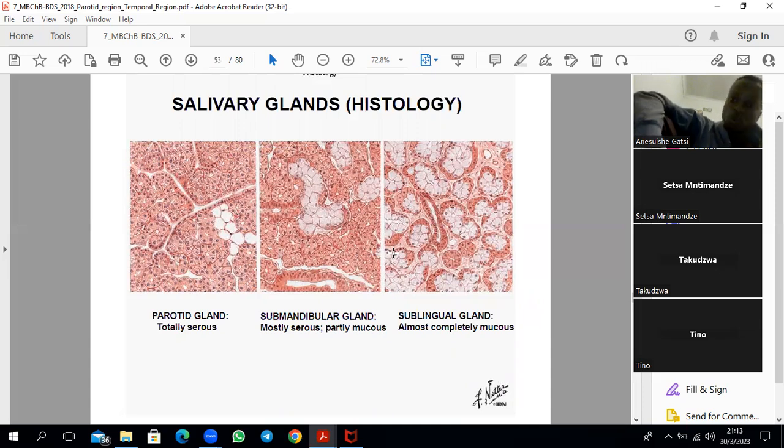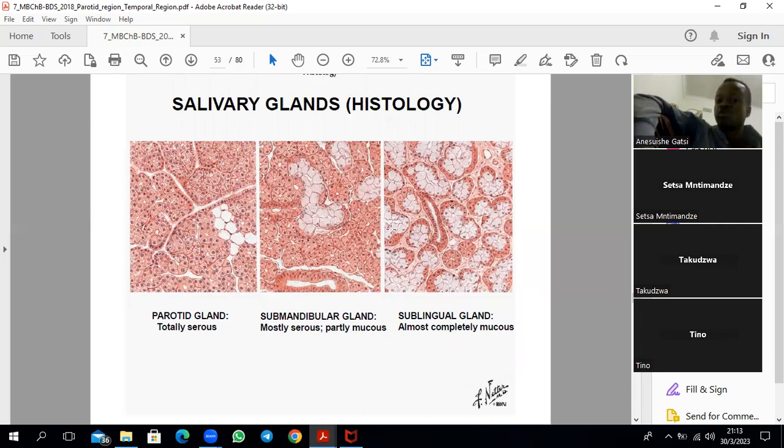A serous fluid is a watery fluid rich in protein. And the protein in this case will be enzymes. Remember, in saliva there's salivary amylase and salivary lipase. That's where digestion starts in the oral cavity.